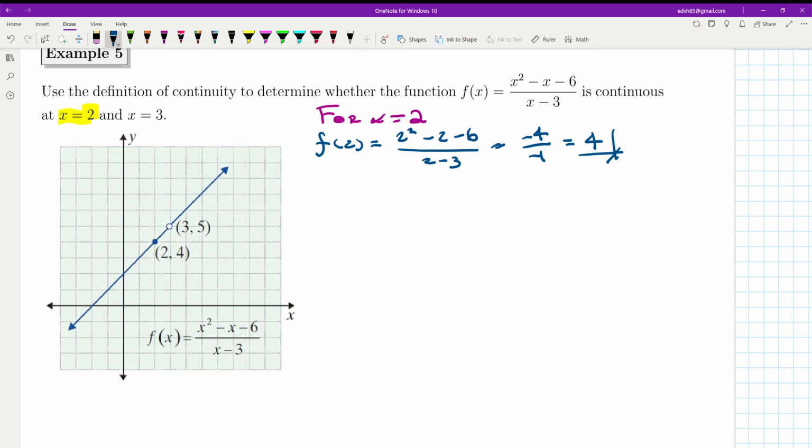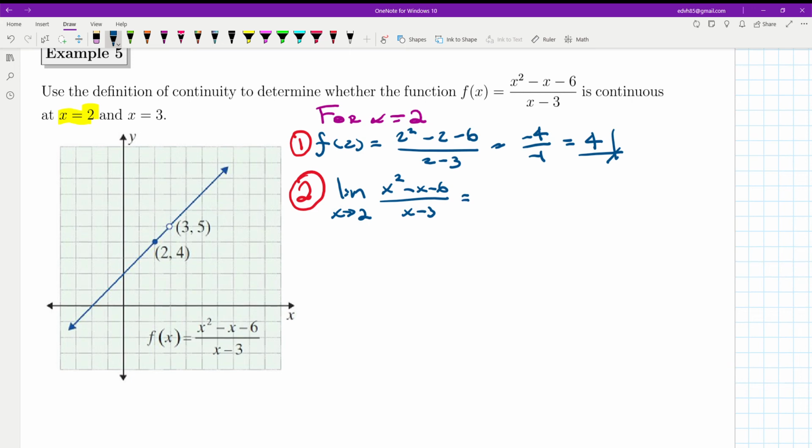So far so good. We checked the first condition. Now the second condition: is the limit of x squared minus x minus 6 over x minus 3 as x approaches 2, does the limit exist? Well, let's see.